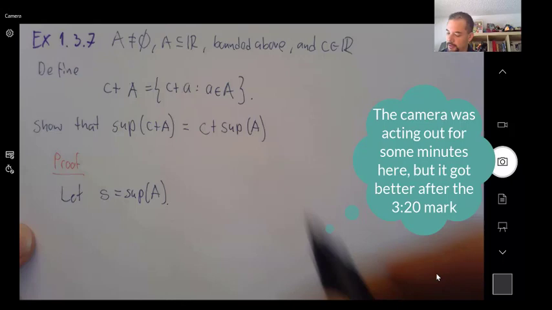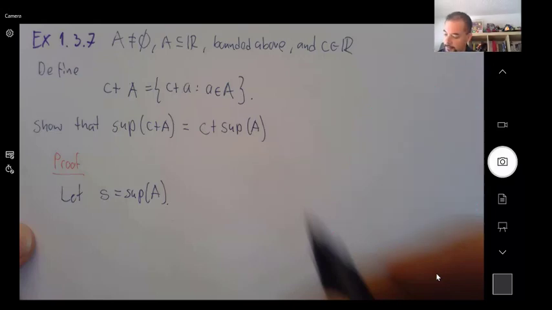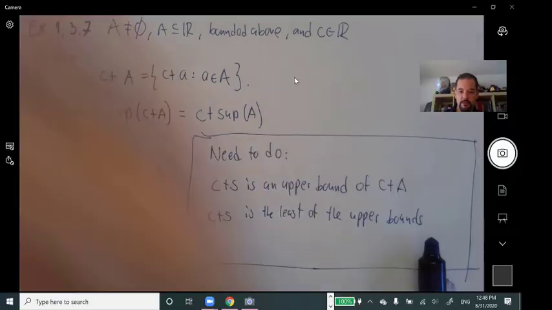I need to check that C plus S is an upper bound of C plus A, and also that C plus S is the least of the upper bounds. Okay, is it working now? Yeah, okay. So this is what we need to do.